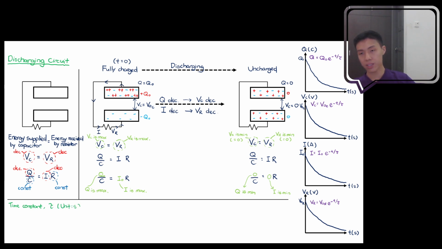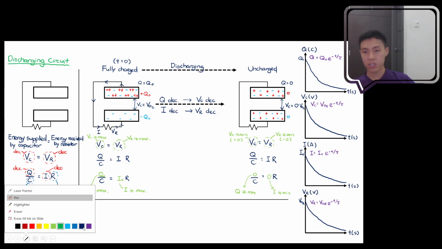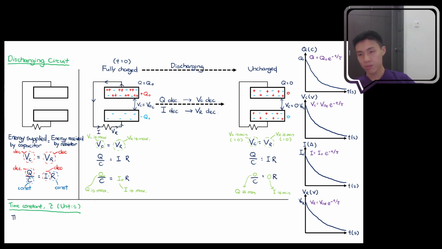Mostly we use the second. So again, what is the time constant? It is the time taken for something to increase or decrease to what level of its maximum value.